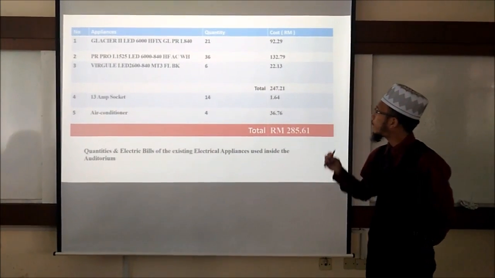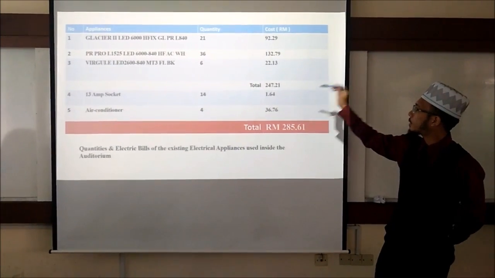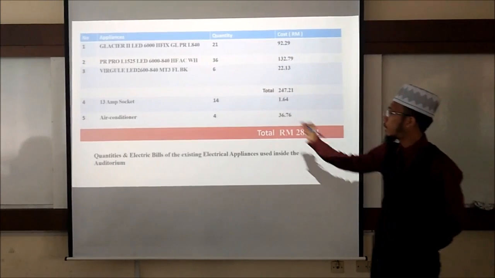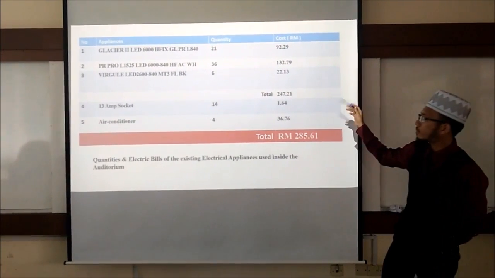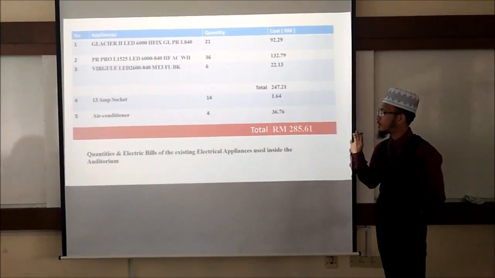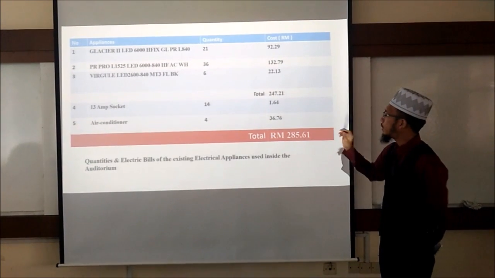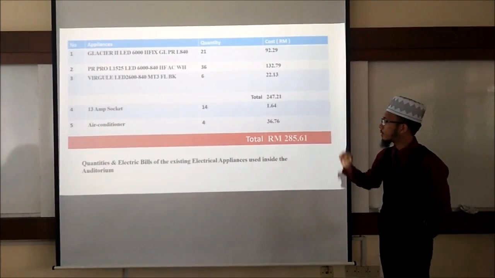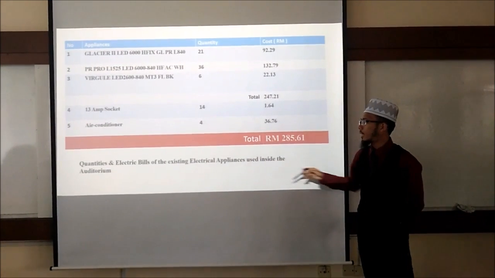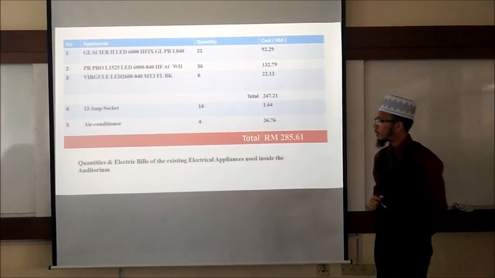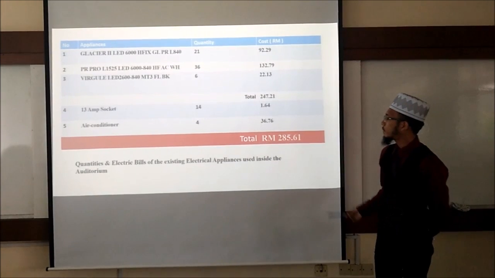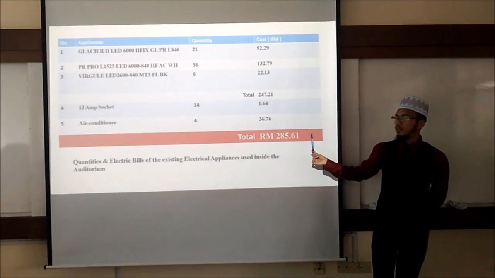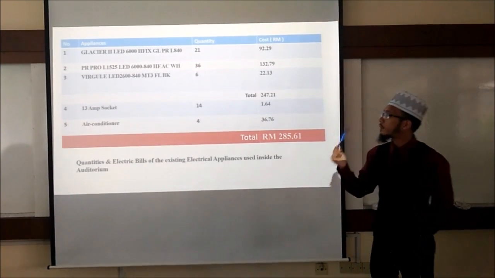For the spotlight, which uses around 6, it will cost around 22.13. For our socket, it will cost around 1 ringgit, 0.655. Our air conditioner, 36.76. For our total existing electrical appliances used in our auditorium, around 285.61 ringgit per month. Okay.